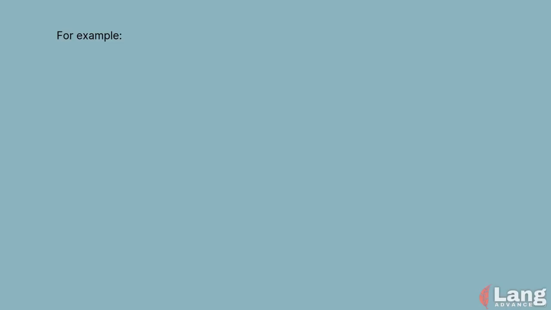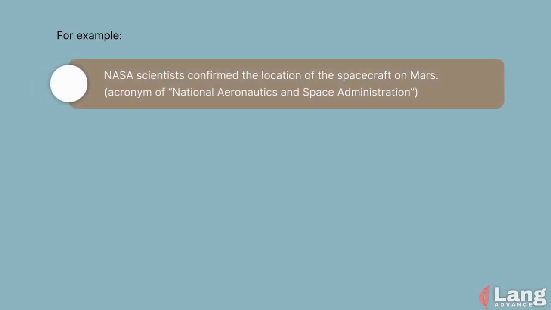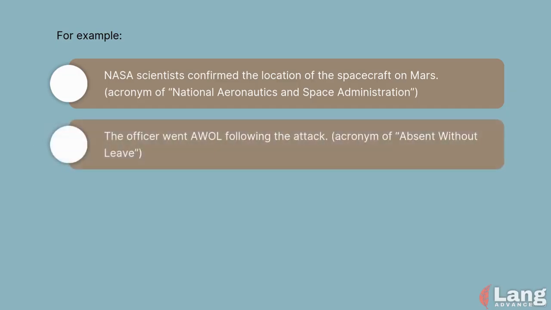Many acronyms are so common that they are no longer capitalized. For example, NASA scientists confirmed the location of the spacecraft on Mars, acronym of National Aeronautics and Space Administration. The officer went AWOL following the attack, the acronym of Absent Without Leave.